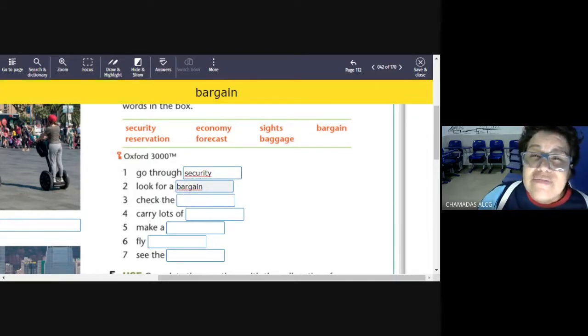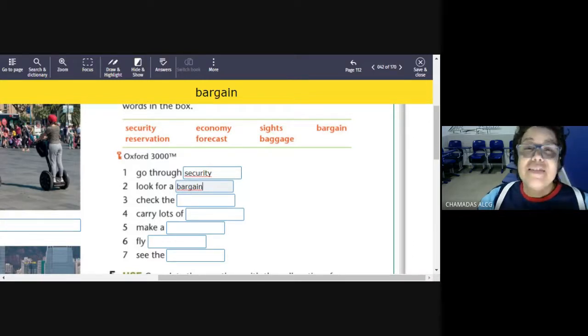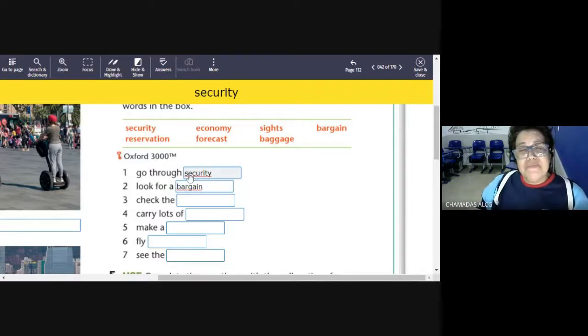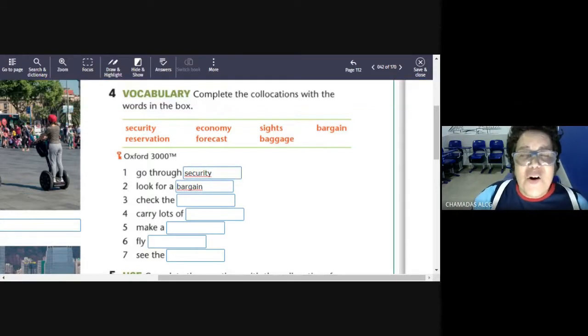Do you know? It's when you find something really cheap, like good value for money, but cheaper than usual. Or when you have excellent discounts, right? So this is a bargain. And when you go shopping, looking for a bargain, you go straight to those places where things are cheaper. Okay.